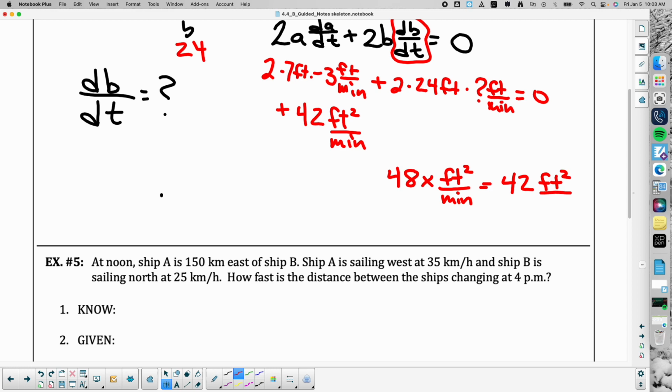I shouldn't have done the labeling, that's going to make it weird to explain to you, I suppose. I actually want to keep the feet per minute on that one for labeling purposes. Maybe I shouldn't have put that label on it to show you where the label will come from.